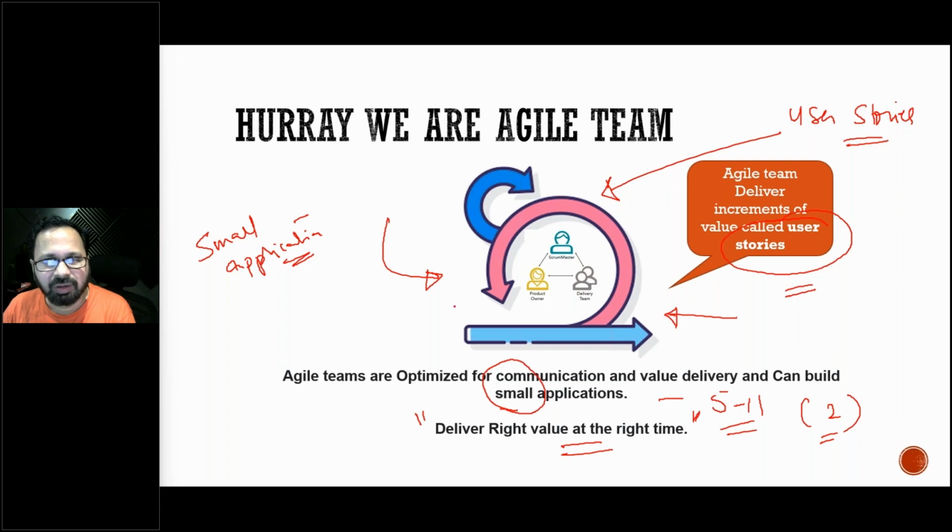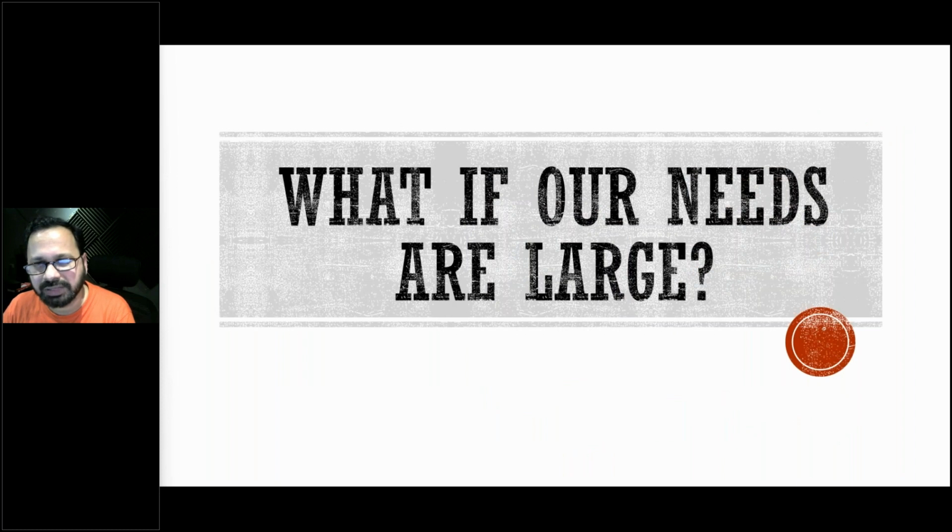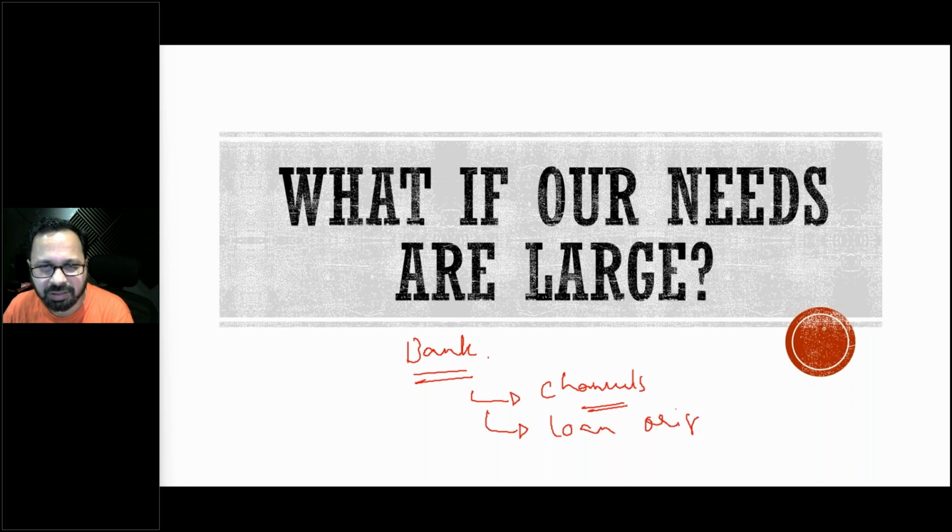But what if our needs are large? Okay, what if our needs are large, like we are a larger enterprise like a bank, which contains various channels to market. So there are various software like channel partners. There are various products like a loan originating system, where we are providing mortgage loans, car loans, home loans, whatnot, right?